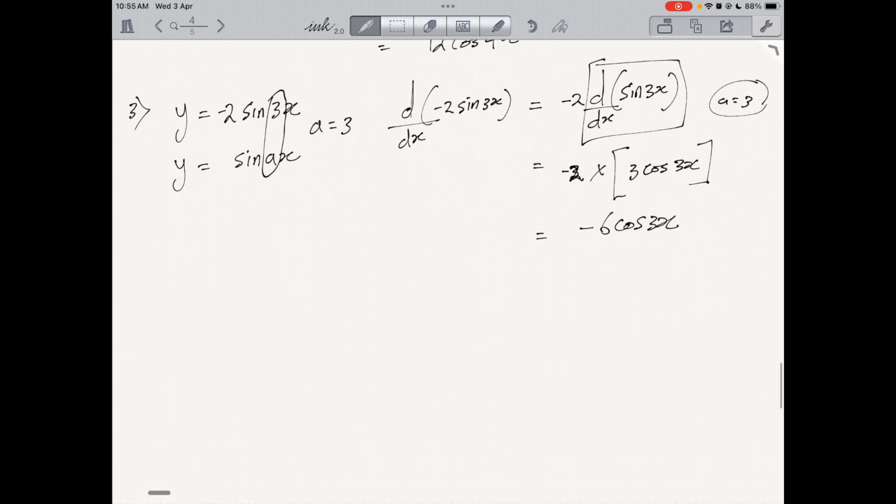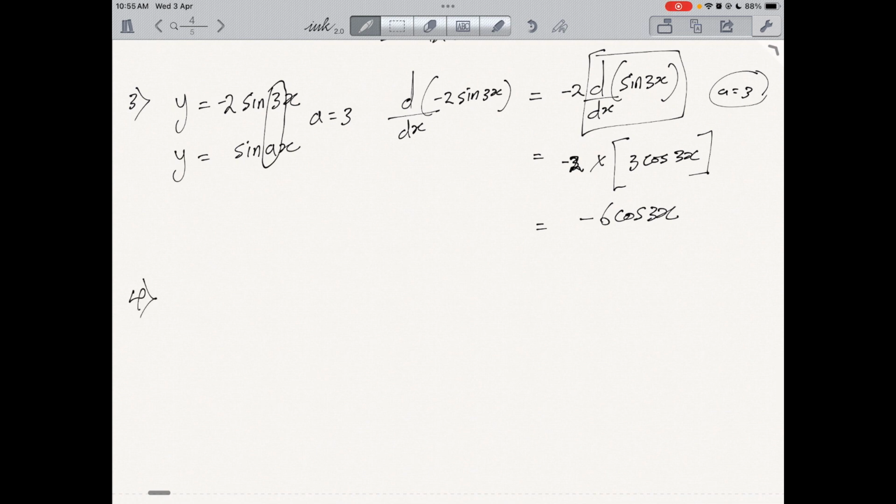Okay, and let's take a final example of y is equals to minus 4 sine x. Now if you compare it to y is equals to sine ax, we will say that our a is assumed 1, that our a is equal to 1.